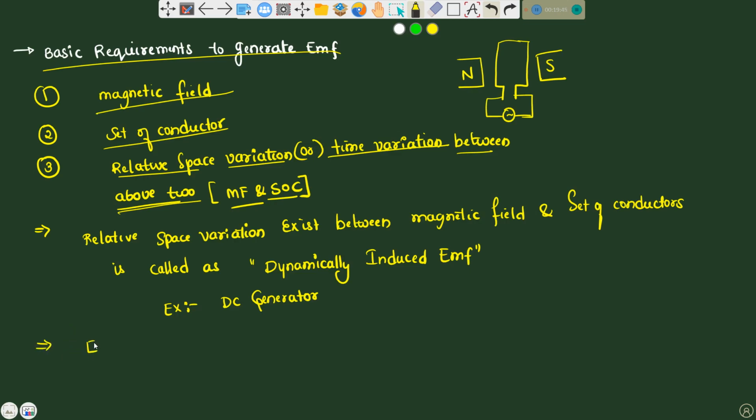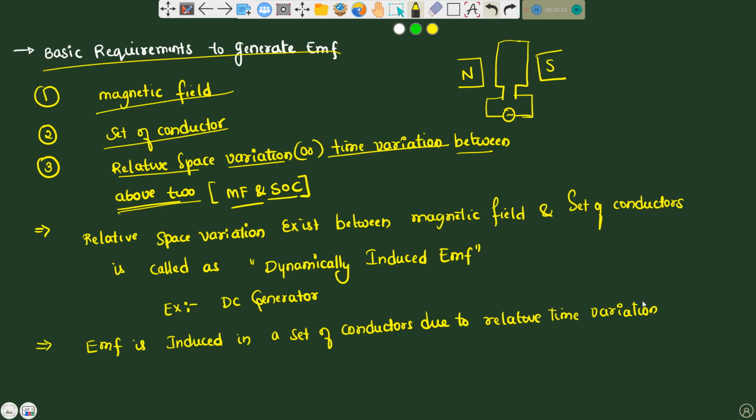If EMF is induced in a set of conductors due to relative time variation with respect to the magnetic field, it is called statically induced EMF.